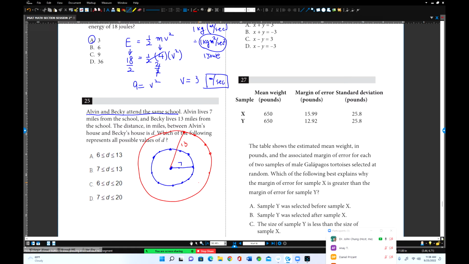If they are in opposite directions, if Becky lives over here and Alvin lives over here, they have the maximum distance. From here to here is 13, from here to here is 7, so the total distance is 20. That is the maximum.